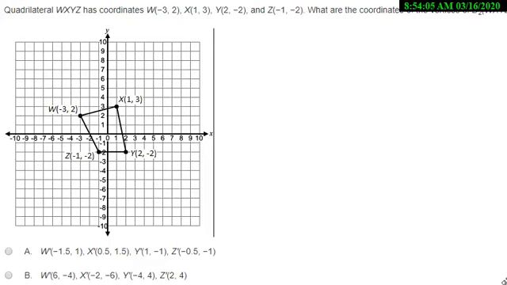As I said before, you have to multiply each vertex by the scale factor, which is 2. For example, omega prime will be (-6, 4), X prime will be (2, 6), Y prime will be (4, -4), and Z prime will be (-2, -4). And this will be the answer for question number 2.